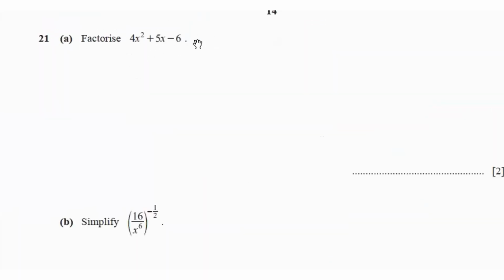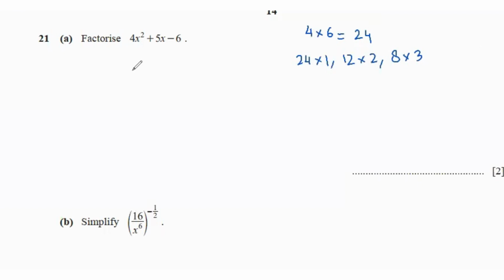Factorize 4x squared plus 5x minus 6. So first we multiply 4 with 6, which is going to give us 24. Now we find factors of 24. That's going to be 24 times 1, 12 times 2, 8 times 3, 4 times 6 is already there.